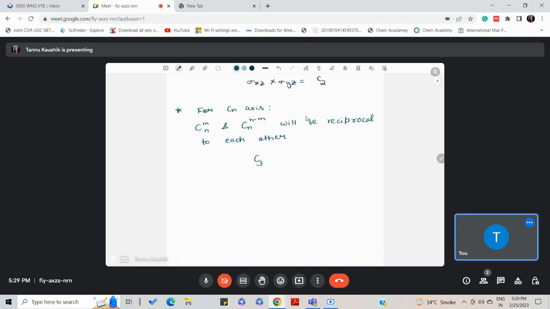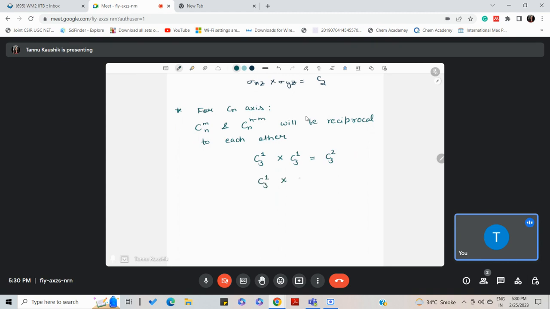For example, C3^1 into C3^1 will give us C3^2.